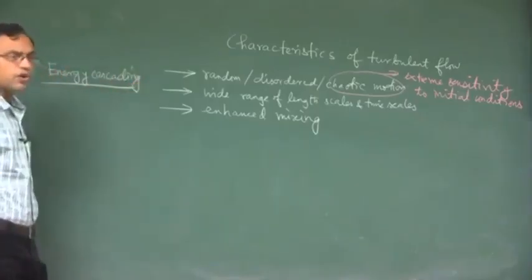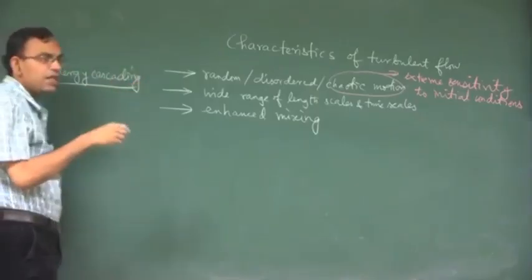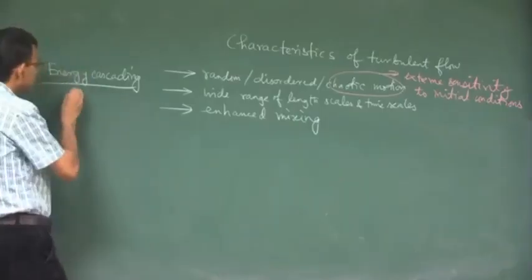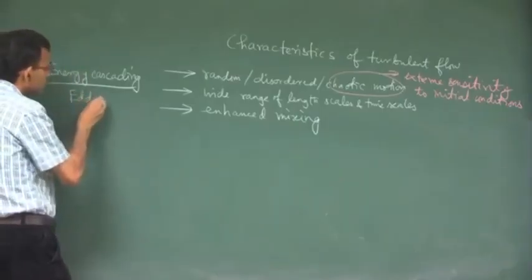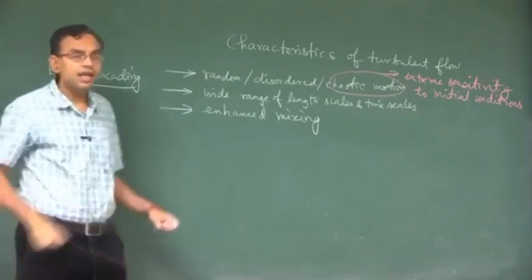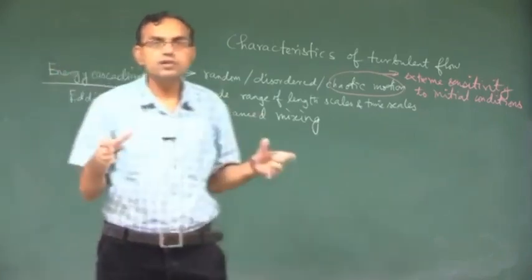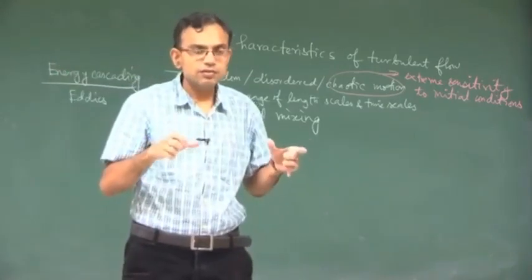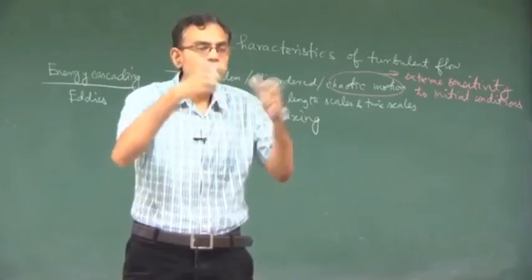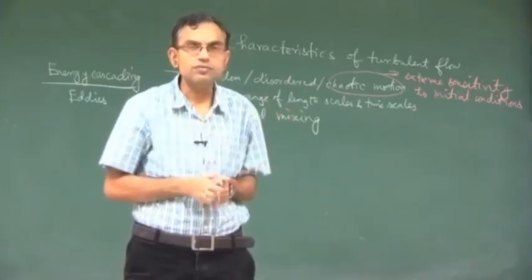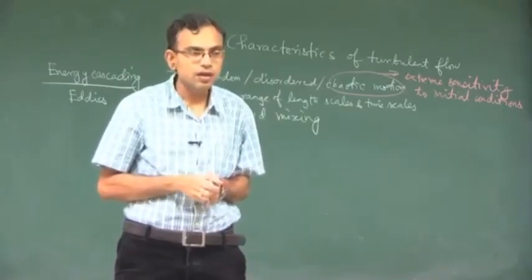In a turbulent flow there are many eddies. These eddies are lumps of masses which are physically rotating, these are called eddies.